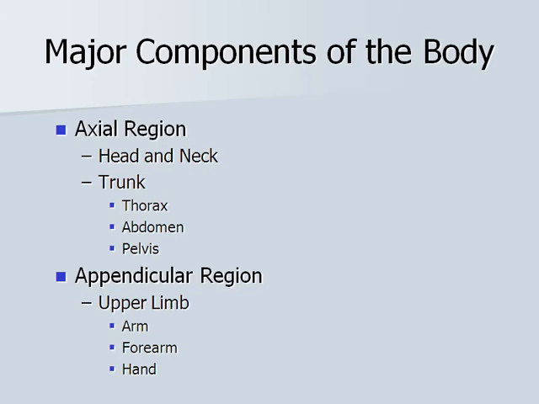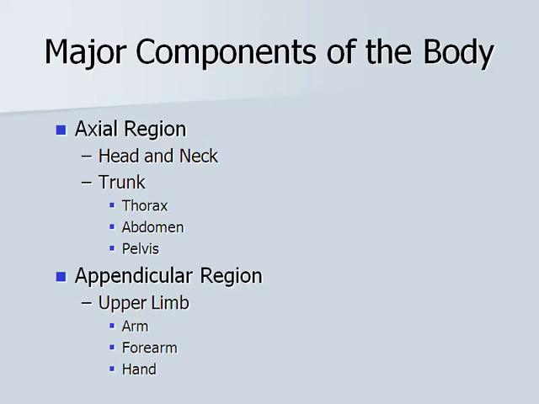Okay, even before we can start to get to the words, we have to rename your body. A lot of people mislabel their own body. Okay? Your body can be divided into what's called an axial region, which includes your head, neck, and the trunk of your body. And the trunk of your body is your thorax. That's where your lungs and heart are.